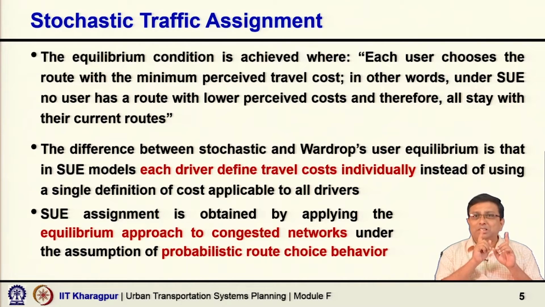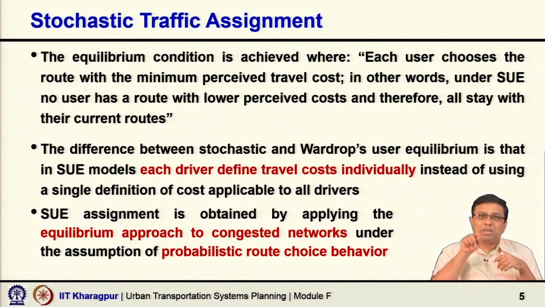Variability exists, but whatever I think, whatever you think, whatever every other individual is thinking, their perceived travel times may be different for different paths, but everybody is thinking that if I change route individually, I cannot bring down my perceived travel time further.